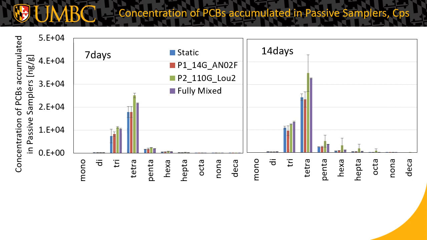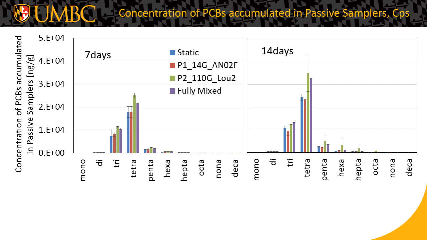At the end of 14 days, the static, which is represented by the blue bars, is slowly catching up with the P1 prototype represented by the red bars, at least for the tri, tetra, and penta homologs. The P2 levels are still quite high, which is good. The fully mixed scenario, the purple bars that you see there, is picking up less than anticipated. This could be because of the small amount of water used to make the slurry.